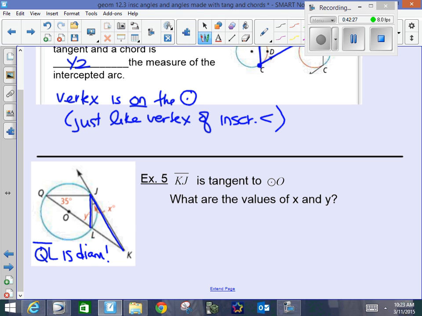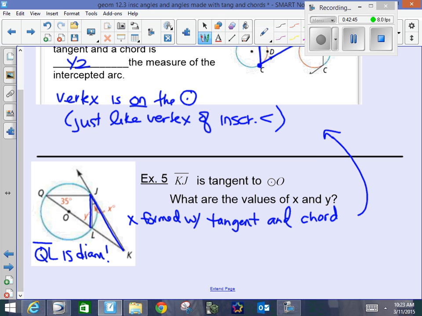All right. What is X formed with? Tangents. And what is that other line? JL. Chord. So that is a direct result of this.